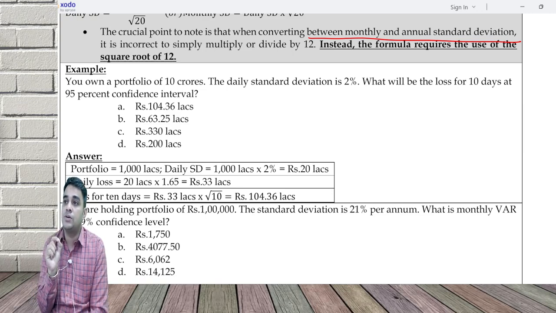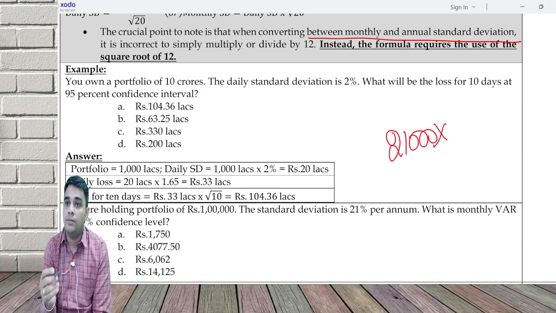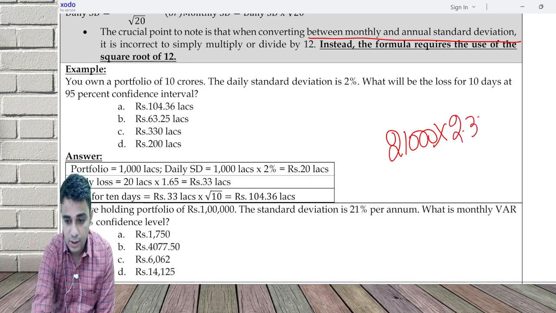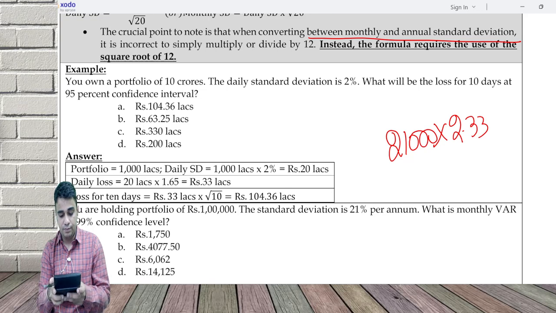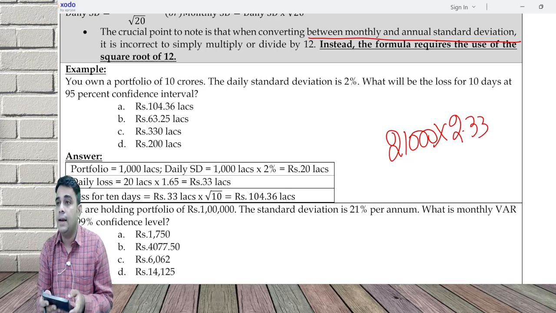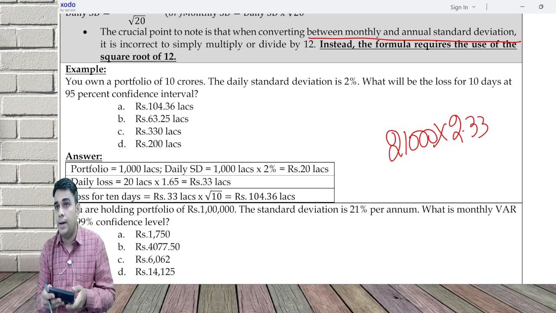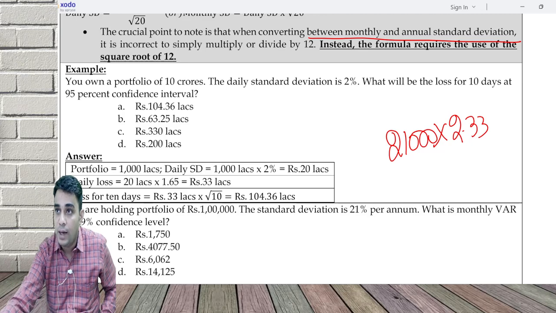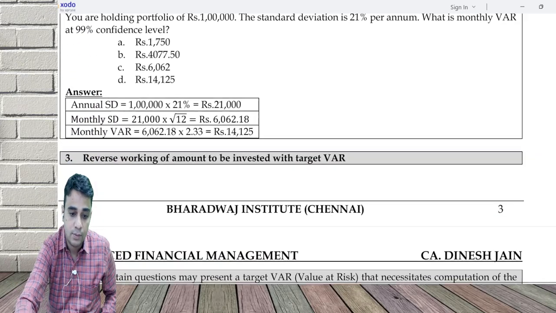Annual loss is how much? 21,000 into 2.33 is 48,930. If you want monthly, divide by square root of 12, and not by normal 12.